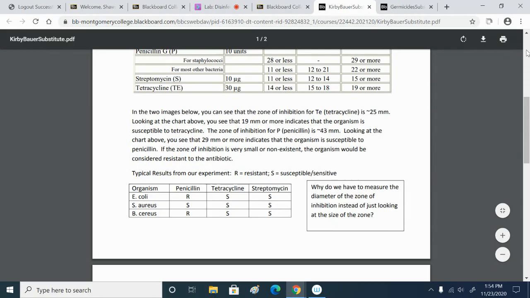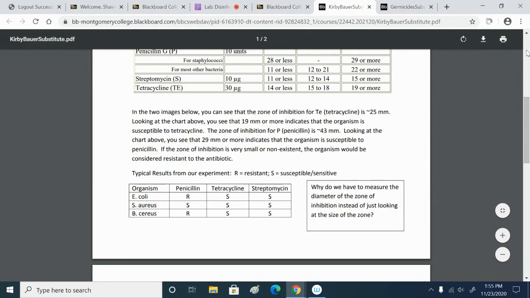Is that MRSA? MRSA, right? But we would never give you guys MRSA to test, would we? So our Staph aureus is susceptible to all antibiotics. And then Bacillus cereus is resistant to penicillin and susceptible to tetracycline and streptomycin.